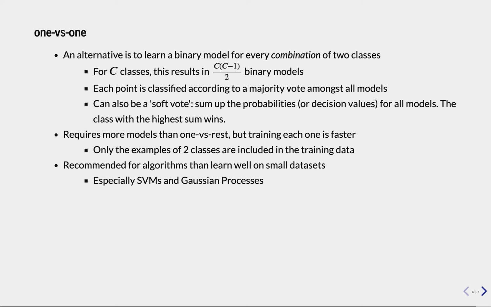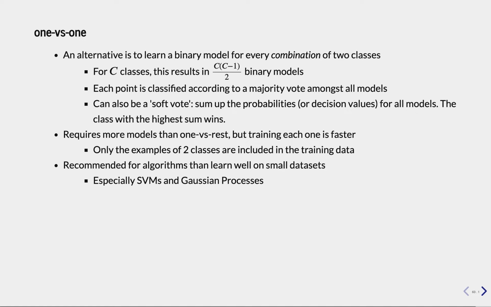Okay. And there's one alternative, which is called 1 versus 1. And what that does, it learns a binary model for every combination of two classes. So we take two classes, we forget all the other classes, so we throw the data away, and then we build a model on the remaining data, which is binary.